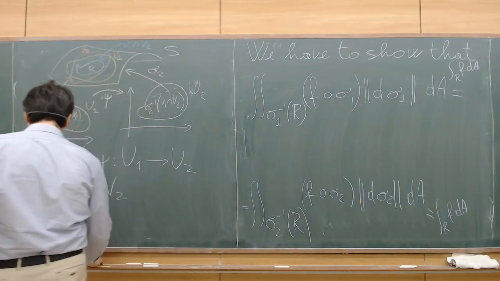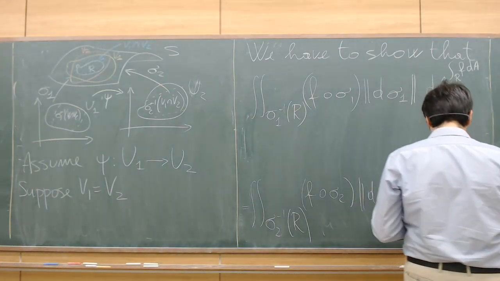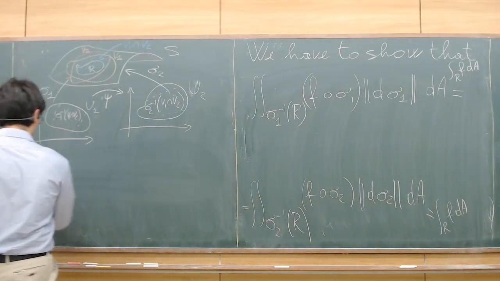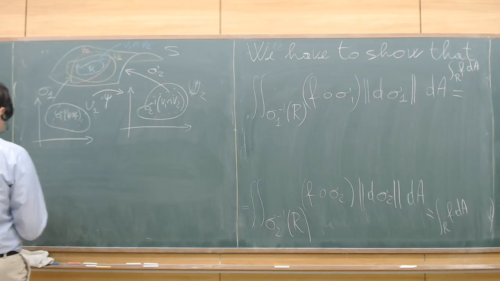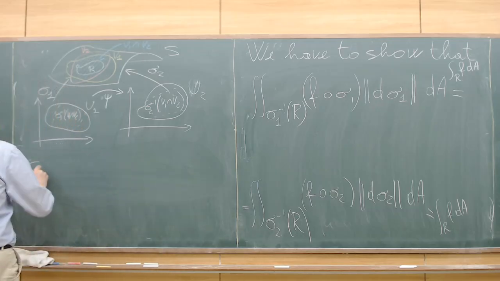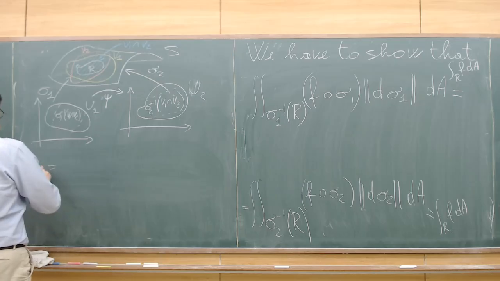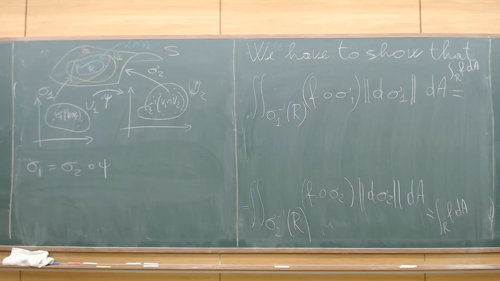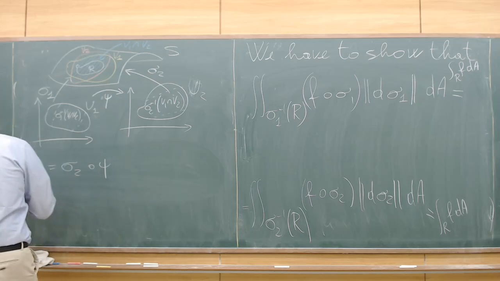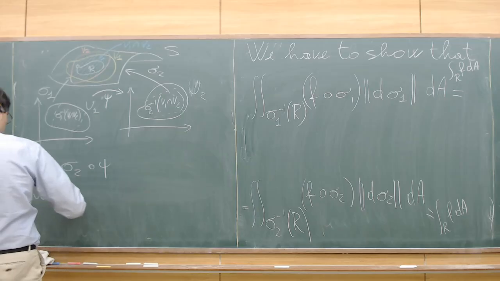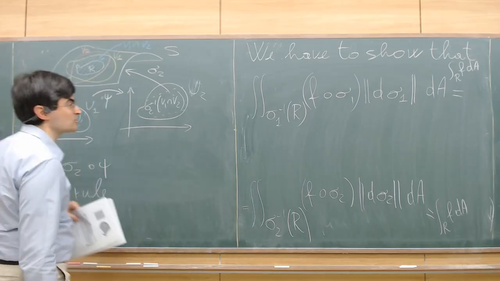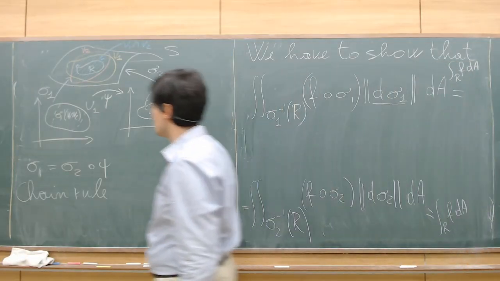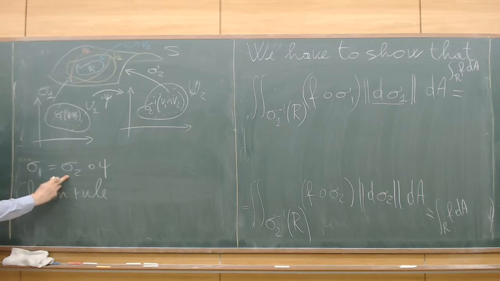Now the idea is the following. First of all, we observe that sigma 1 is equal to sigma 2 composed psi, and the chain rule allows us to write d sigma 1 as a composition of the derivatives of sigma 2 and psi.